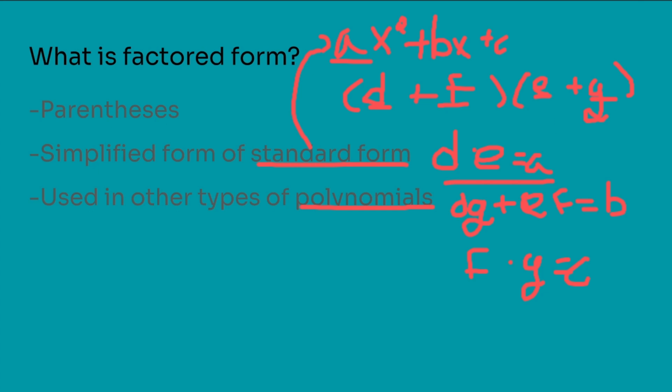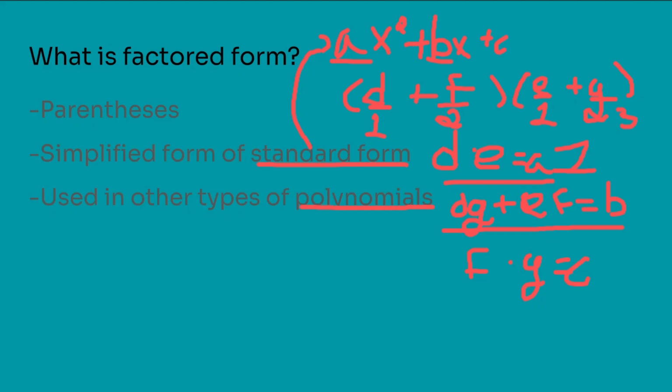For this equation down here, for it to equal b, d and e would be multiplied by 1. f and g, on the other hand, are different numbers that, by d and e, are added together, the sums of the two numbers. So let's say that this is 1, this is 2, this is 1, and this is 3.